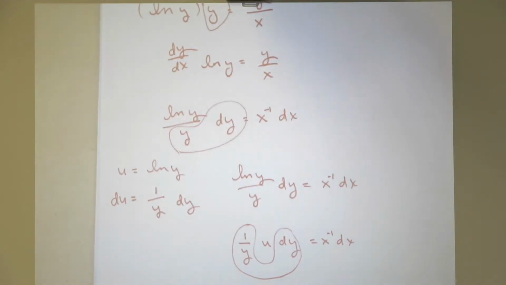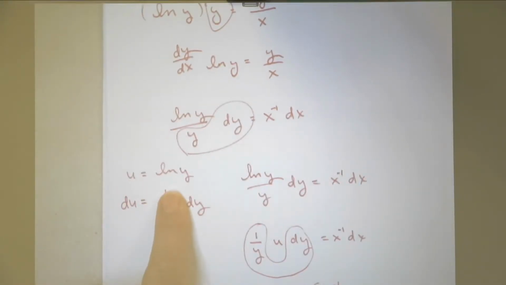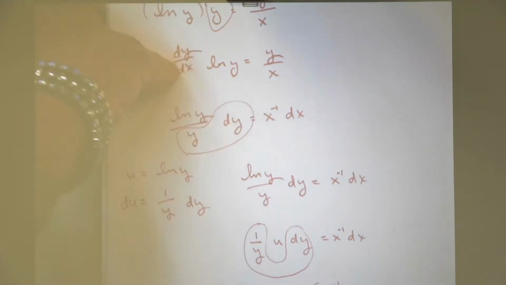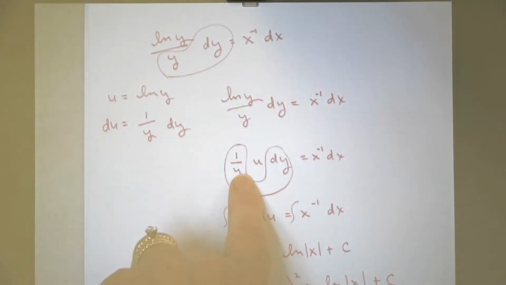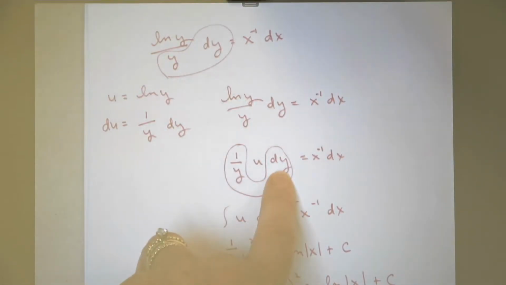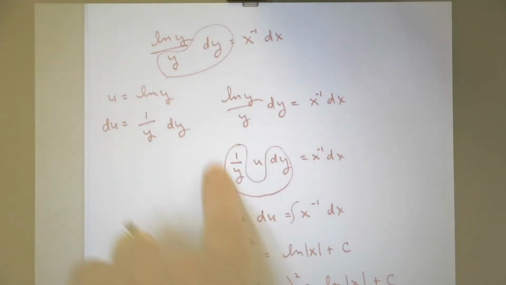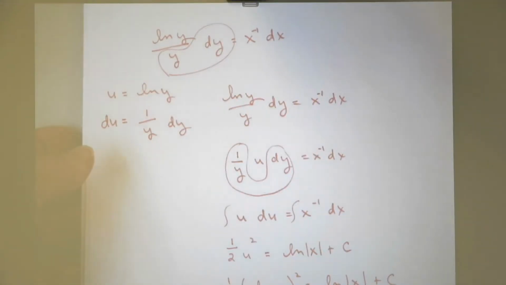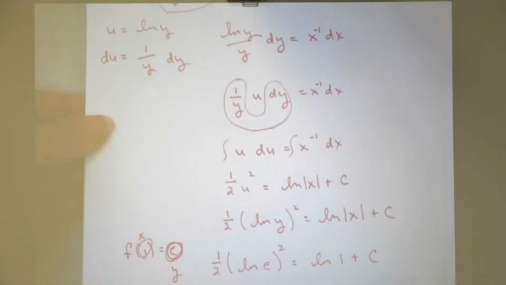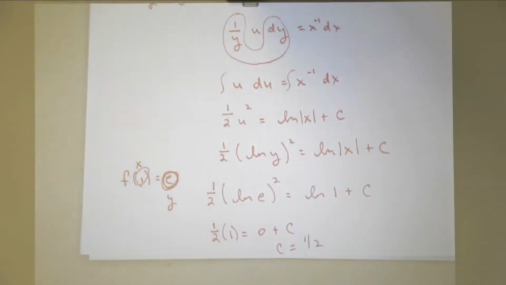I'm going to use u substitution for ln y. du gives me 1 over y dy. So I've got 1 over y u dy. I'm replacing the 1 over y dy with du. I have x to the negative 1 dx. My antiderivative is 1/2 u squared is ln absolute value of x plus c.